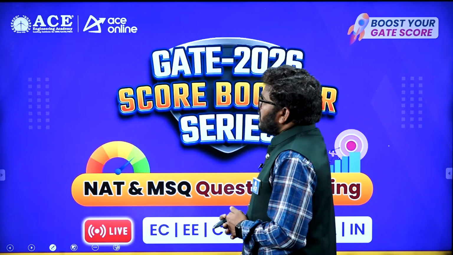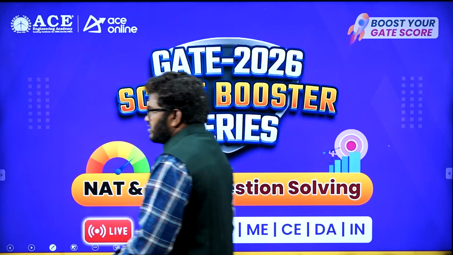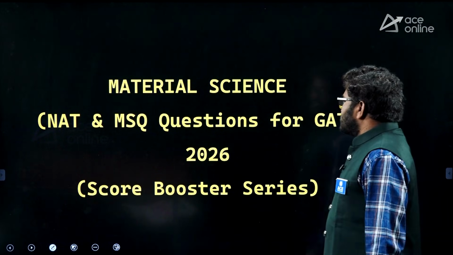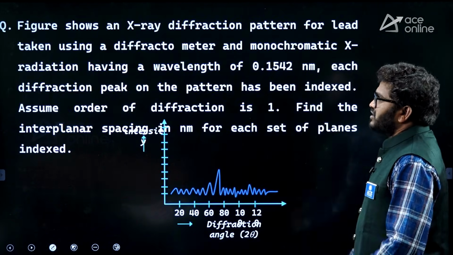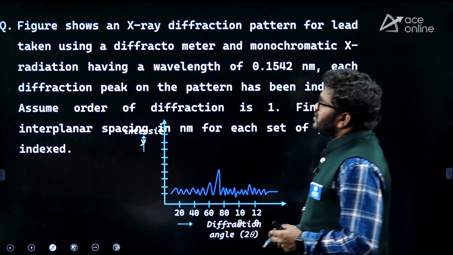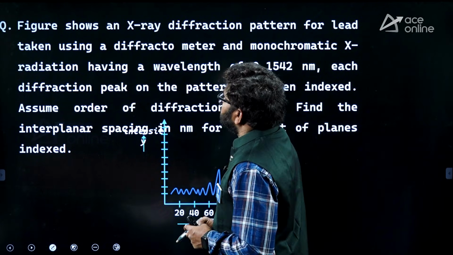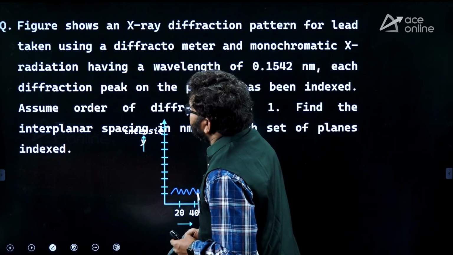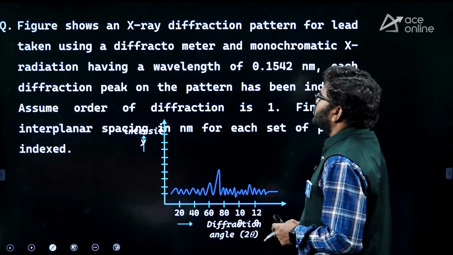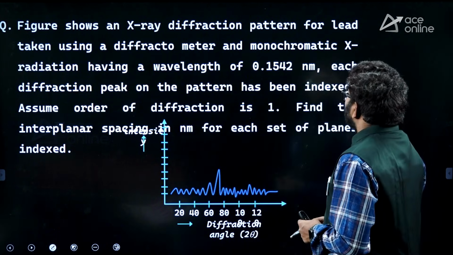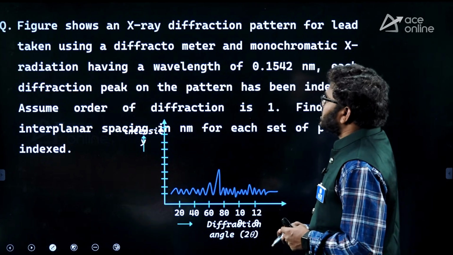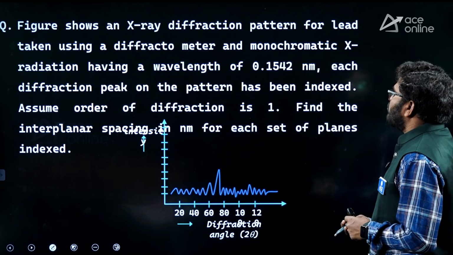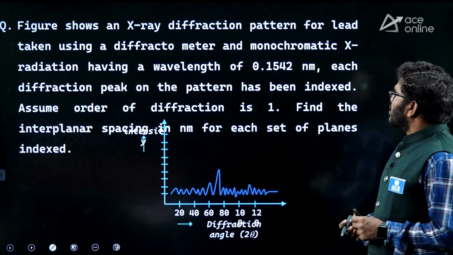Now let us consider the material science questions. First question: the figure shows an X-ray diffraction pattern for lead taken using a diffractometer and monochromatic X radiation having a wavelength of 0.1542 nanometer.